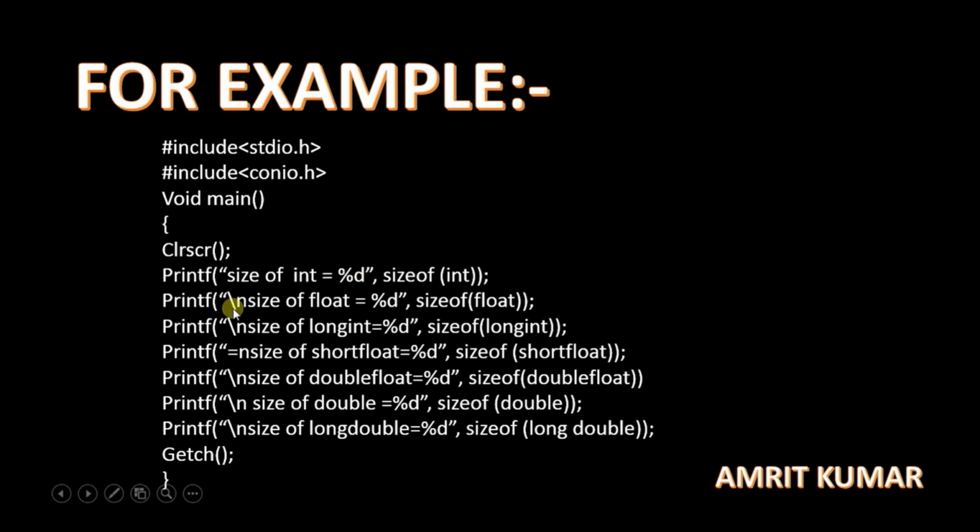And in the same way, I have used the new line, and after the new line I am printing the sizeof float value. And because we know that the sizeof operator helps us to find the memory allocation of its data type. So the float data type is of size 4 byte, therefore this value is going to be 4 here.